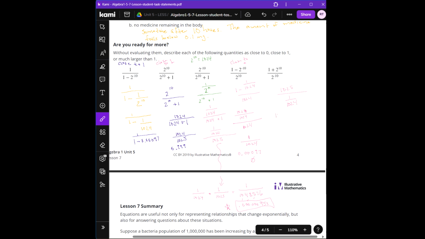Remember that is 1025 over 1 times 1024 over 1. And so here we're going to have 1024 times 1025. Now we're looking at 1,048,576.